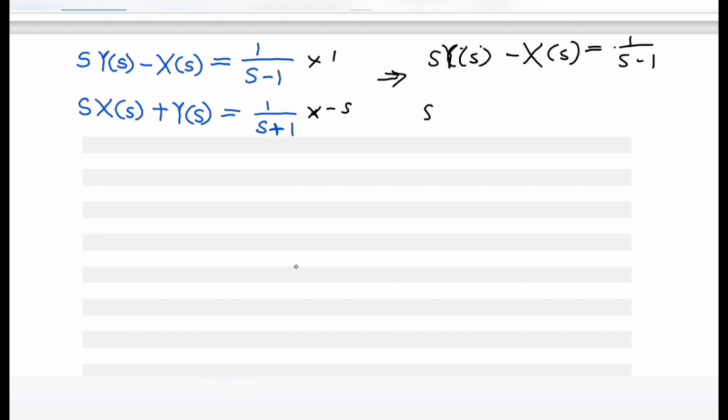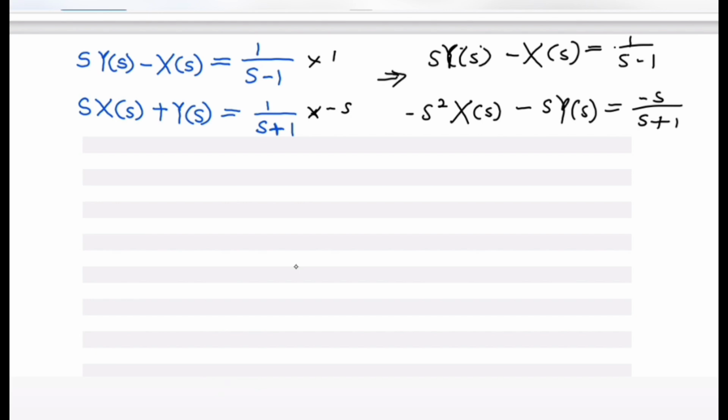The second part will give us s squared X(s), and there is a minus here, minus sY(s), and this equals negative s over s plus 1.